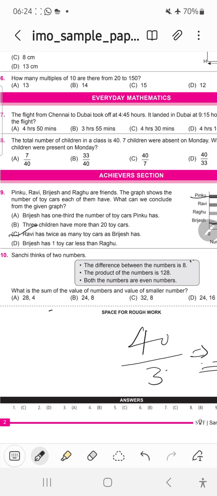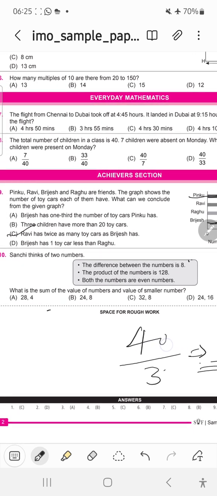Sanji thinks of 2 numbers. The difference between the numbers is 8. The product of the numbers is 128 and both numbers are even numbers. So the product of the numbers should be 128. If you multiply 8 by 4 it is 32, so it's not.